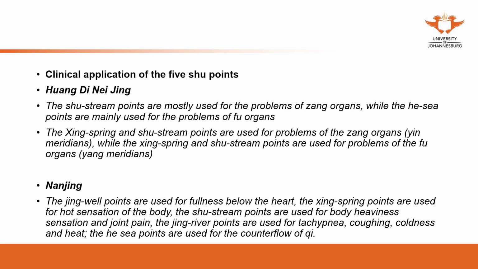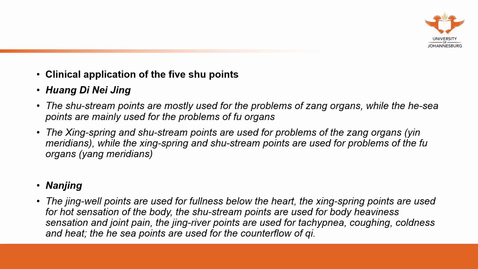We talk about the Ying-spring points and the Shu-stream points in both, but the first clause says they can be used for Zang organs, while right afterwards it says they can be used for Fu organs.